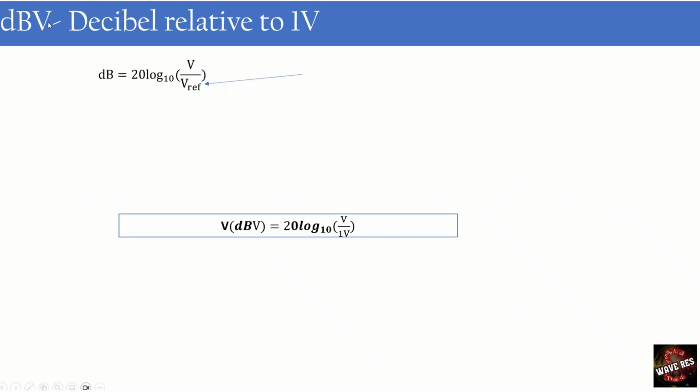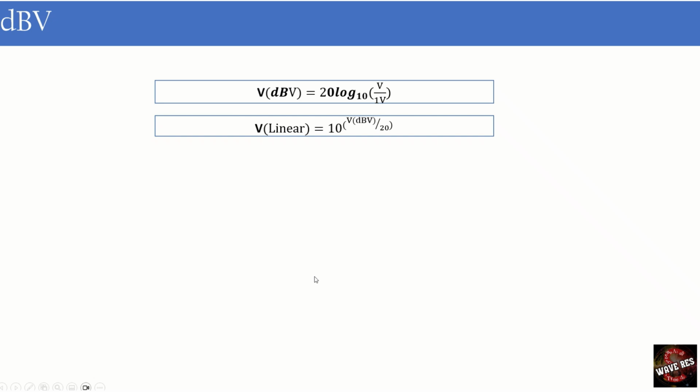Next is dBV. So here the reference is 1 volt, and this is for the voltage conversion. If it is voltage conversion, we have to use 20 log 10 of V by V reference, and V reference is 1 volt. So this equation becomes V in dBV equal to 20 log 10 of V by 1 volt.